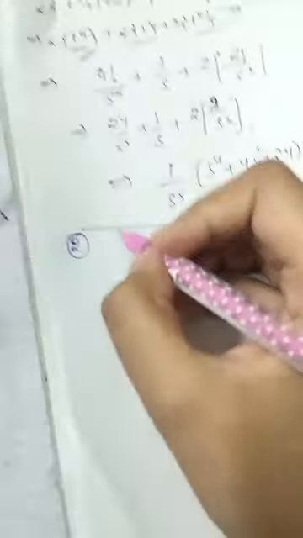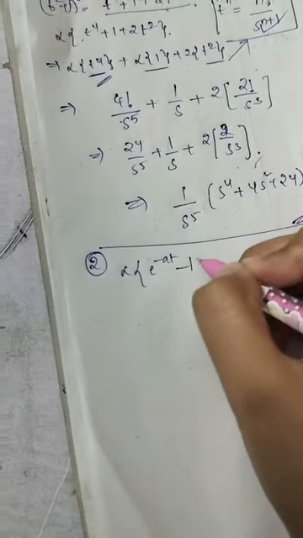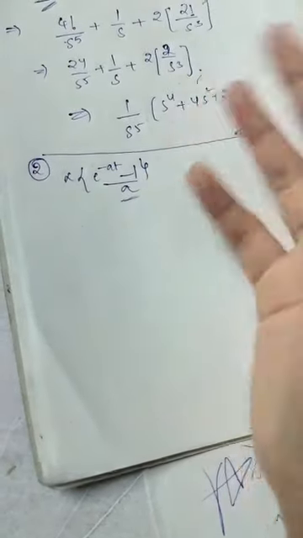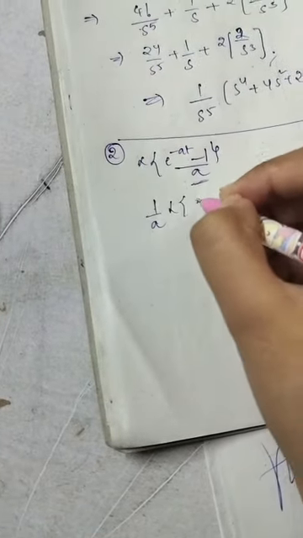Second one, Laplace transform of e power minus at minus 1 by a. Now what we can do here is, this is an unwanted thing, we don't know. So we will separate it from the main function.